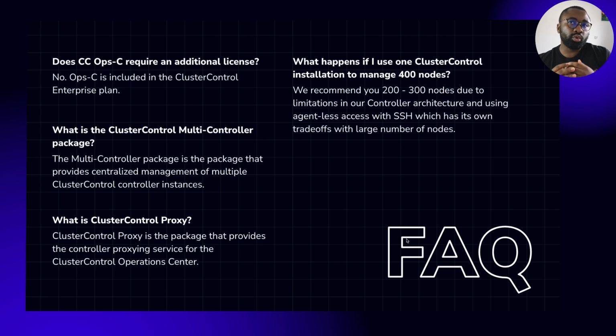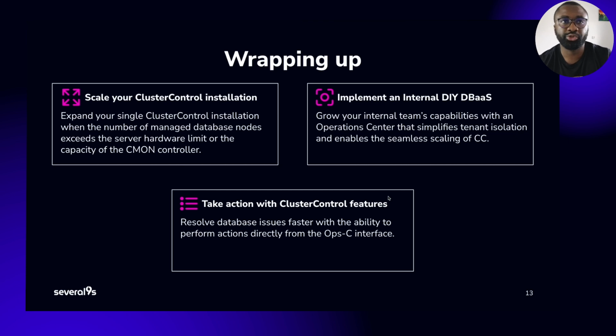We recommend 200 to 300 nodes due to the limitation of our controller architecture using agentless access with SSH, which has its own trade-off with a large number of nodes. So it's advisable to not max out more than 200, 300 nodes so you can have a seamless experience when deploying database clusters.